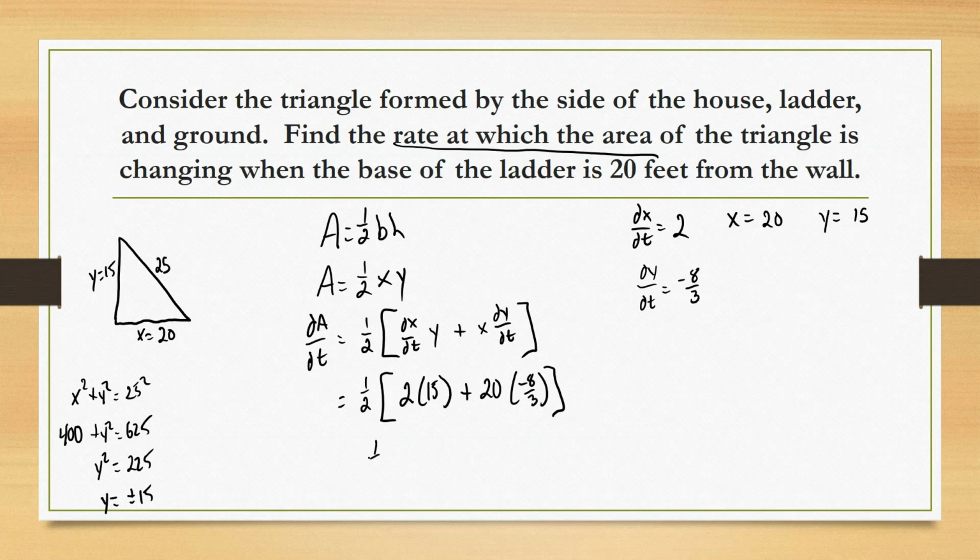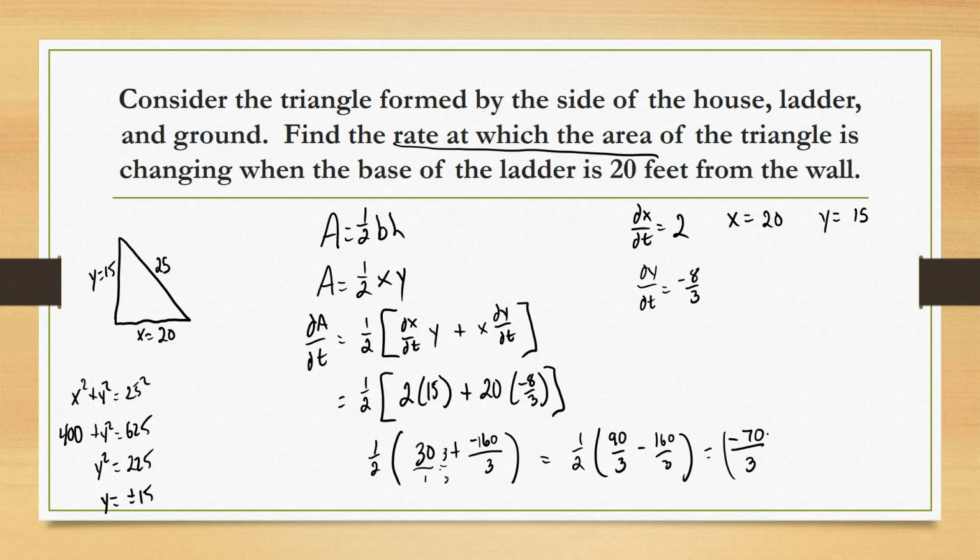So we wind up with 1/2 times 30 plus negative 160 over 3. We need a common denominator, which is 3. So this is equal to 1/2 times 90 over 3, right? We multiply times 3 over 3, minus 160 over 3 equals negative 70 over 3.